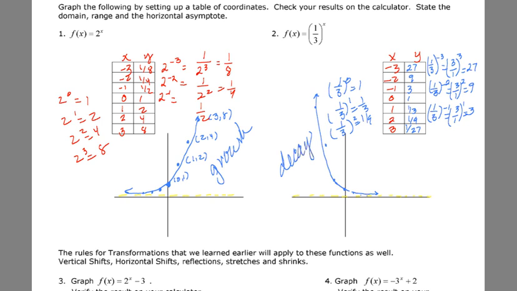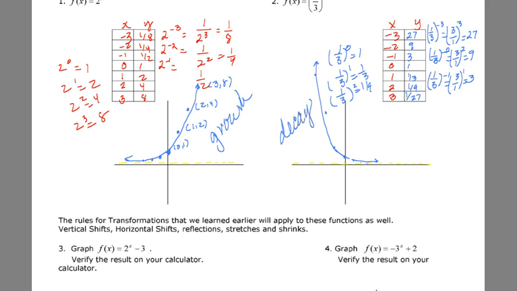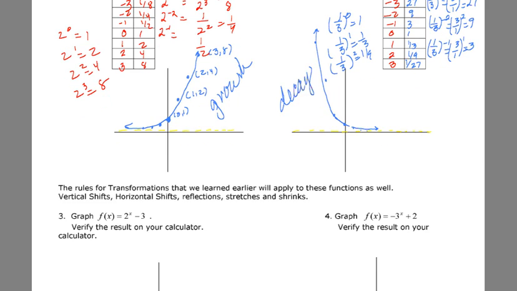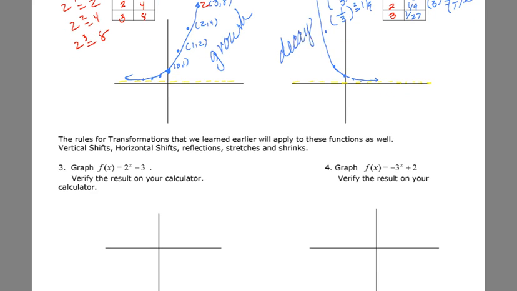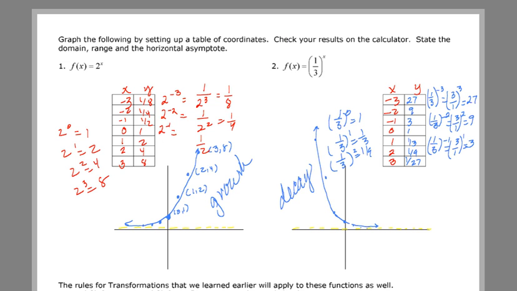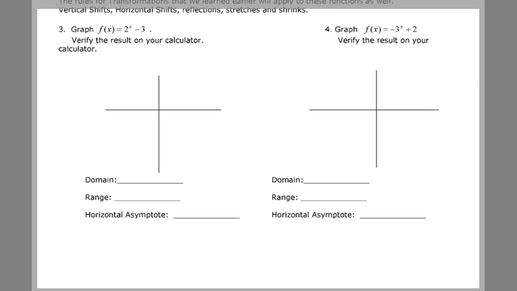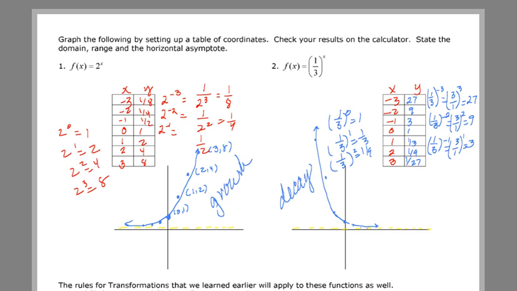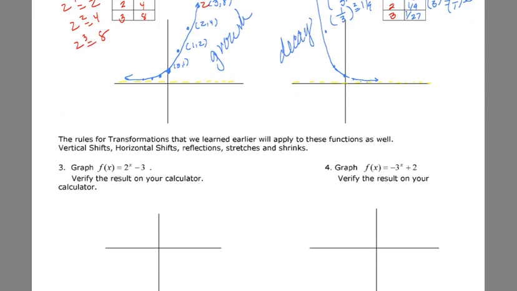Let's look at transformations. Let's take the basic shape and transform it, and when we transform or translate it, we'll have to shift the horizontal asymptote up or down if an up or down shift is indicated. Here's the basic exponential, but what we've done is put a subtraction of 3, which means it gets shifted down 3 units.